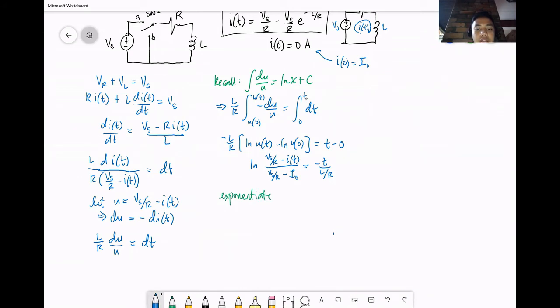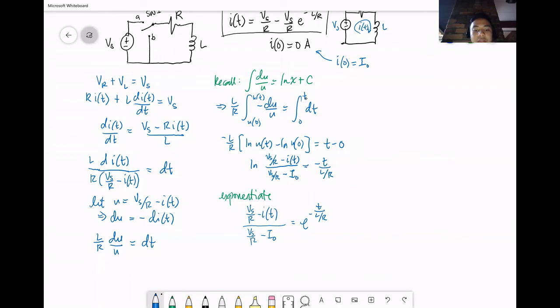Then you will have Vs over R minus I of t, divided by Vs over R minus I of 0, is equal to e to the negative t over L over R.